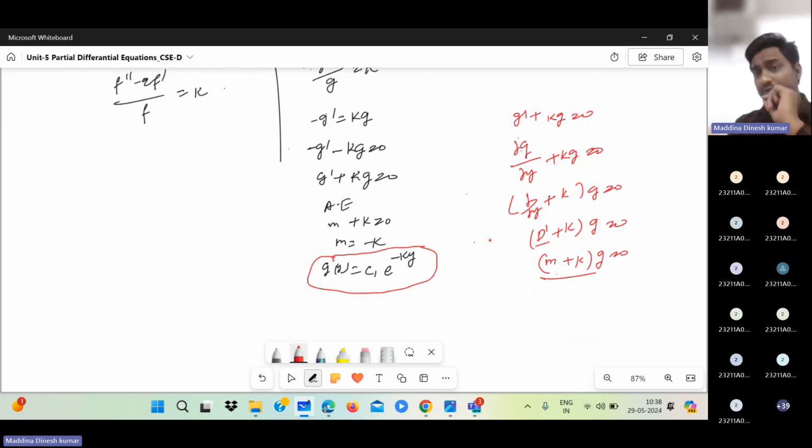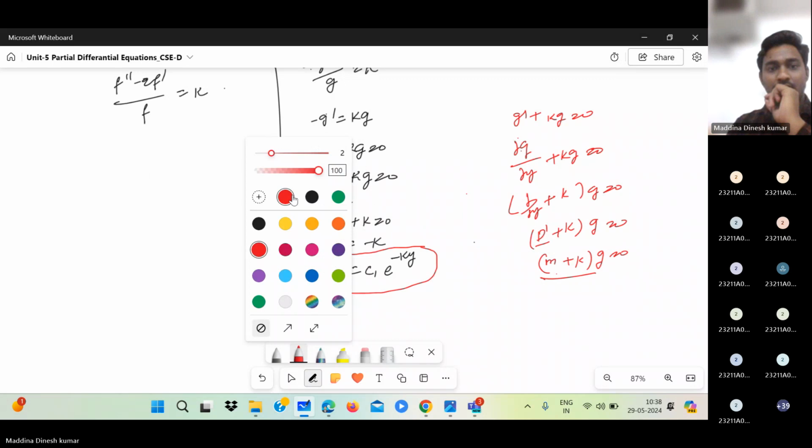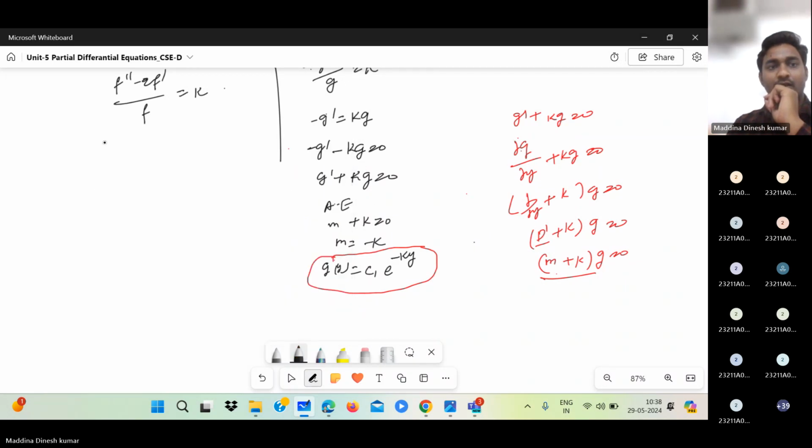I will explain why you are writing like that here. Now in place of f double dash, you can write m square minus 2. In place of f dash, you can write m.